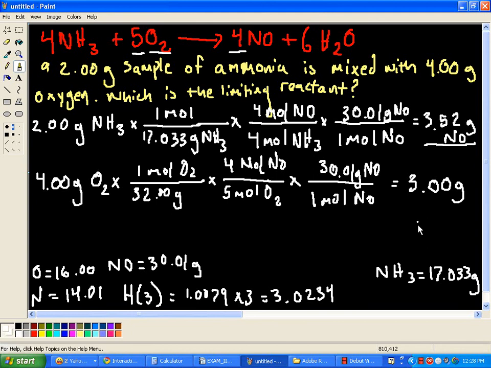Okay, therefore, this is going to be your limiting reactant, because as you can see, up here is 3.52 grams NO, and over here is 3.00 grams NO. Therefore, oxygen is our limiting reactant. Limiting reactant equals O2.